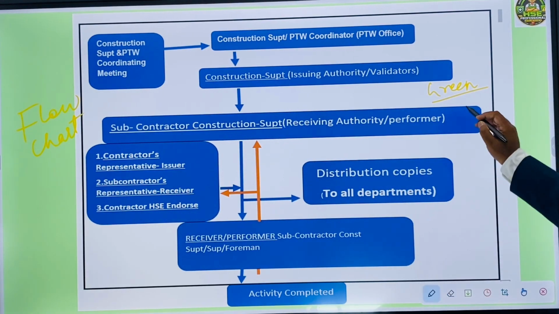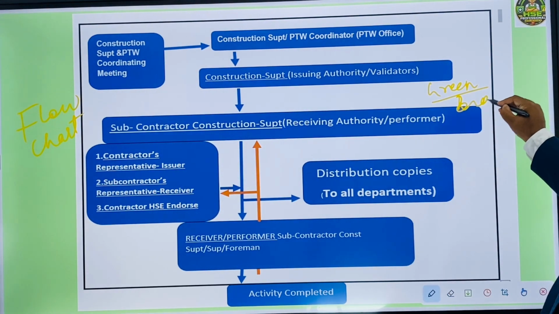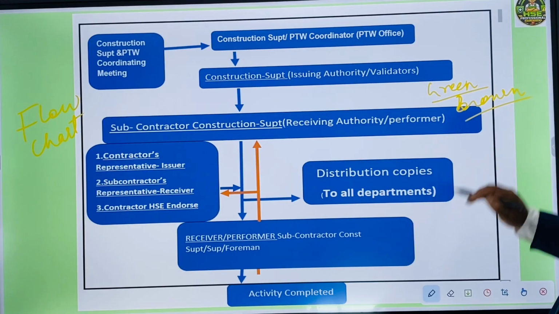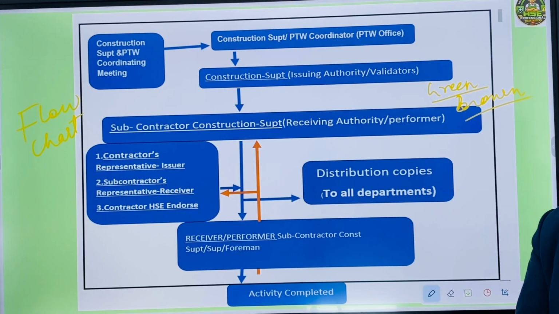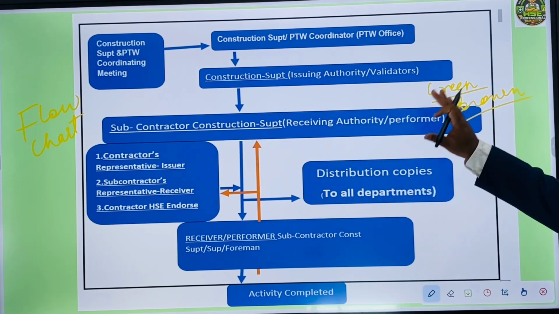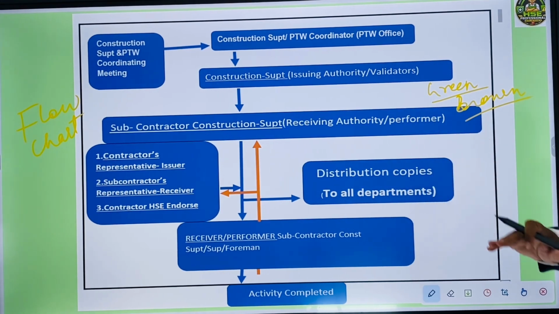But if it is brownfield, it is not only the accountability of the contractor, but the proponent and owner, the stakeholder of that area, are also involved. So this is our flow chart, how the permit to work system works.